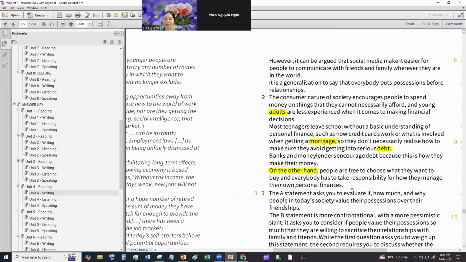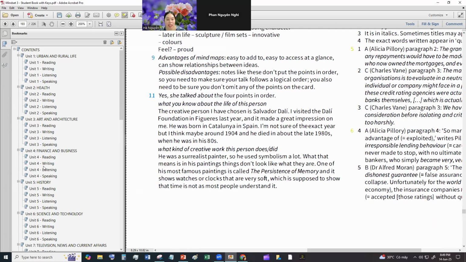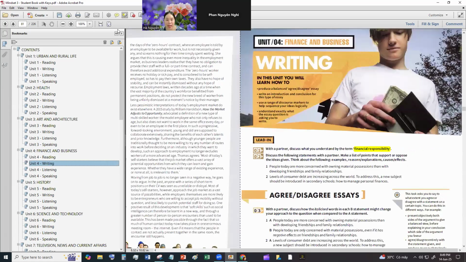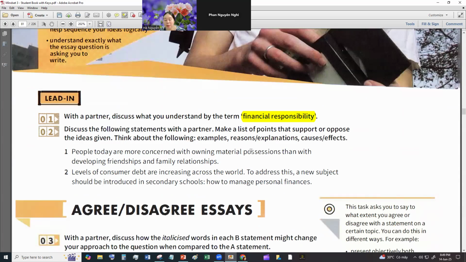We don't know that, but according to the number of ideas, we see there are more agree ideas, more supporting ideas. Okay, so those are some ideas you can use to discuss the topic of personal finances, such as in statement 2, and material possessions, such as in statement 1.